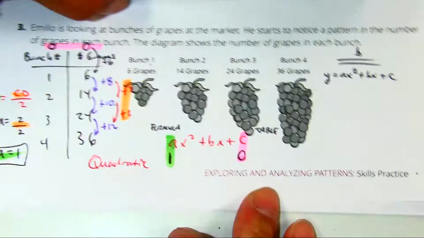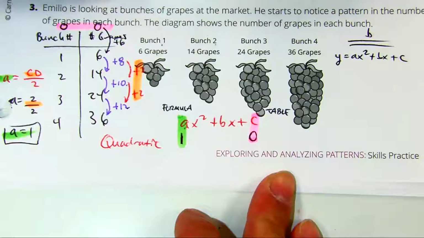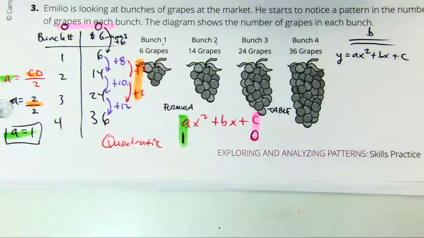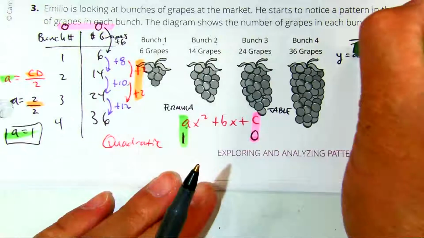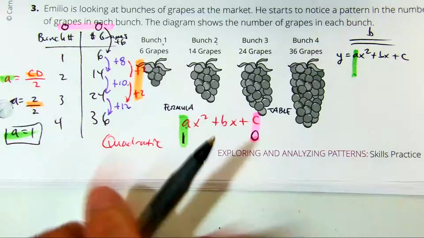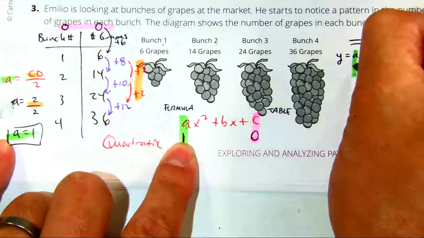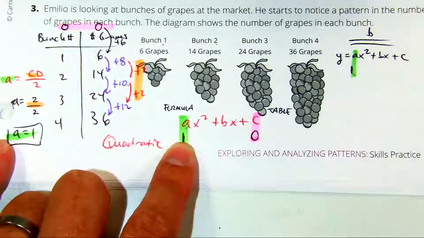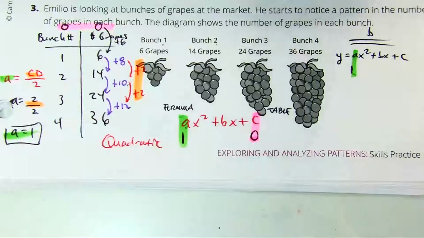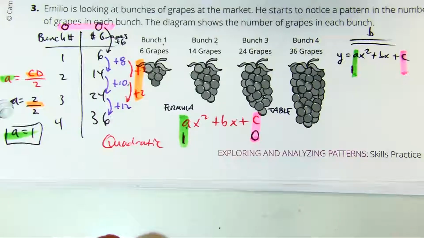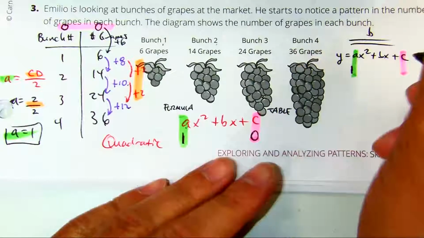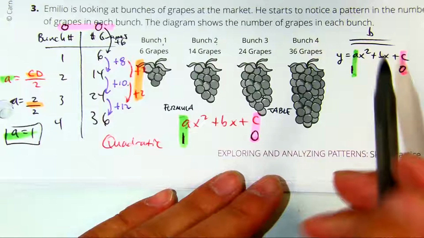And I'm not going to zoom in because I need all of this work. You're going to put in your A value, which we already have, which is 1. Your C value, which is 0, which you really don't need, okay?